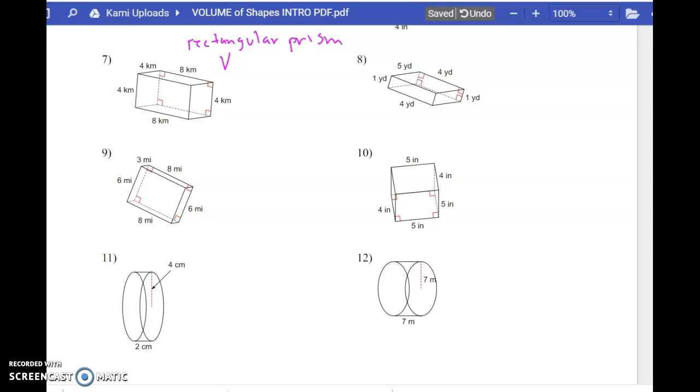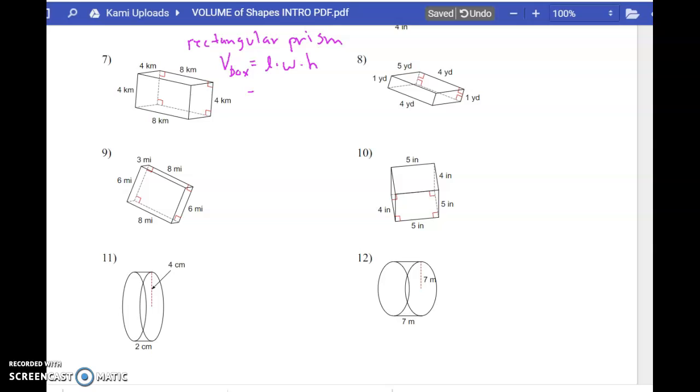So when we say rectangular prism, we are talking about a box. For simplicity's sake, I'm just going to write volume of a box, so I don't have to write out rectangular prism again. This is equal to length times width times height.